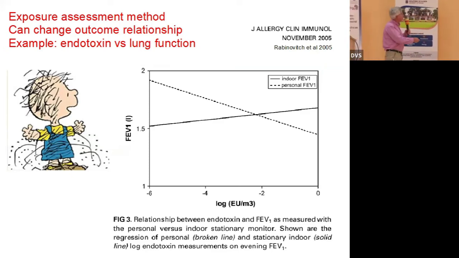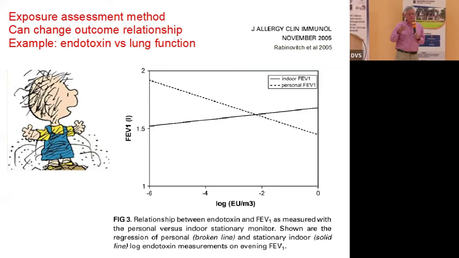But if you looked at the personal, you saw that more endotoxins was worse for your lung function, and that makes a lot more sense. So massive exposure misclassification from relying on even indoor air monitoring for an indoor source. This is one of the poster childs for personal monitoring.